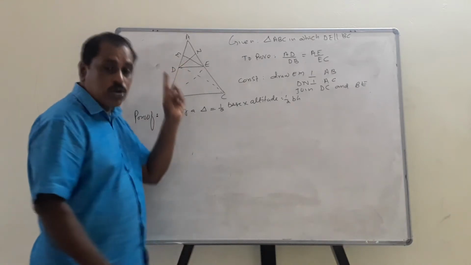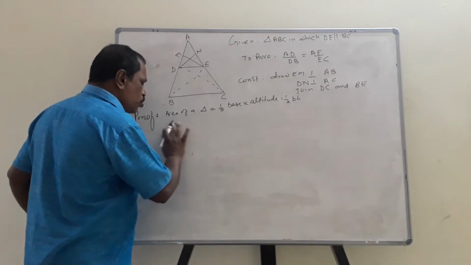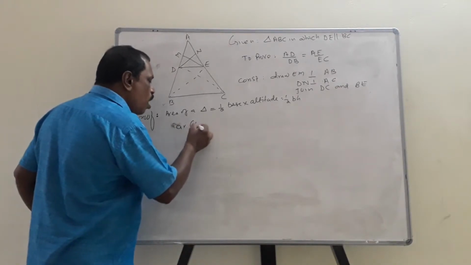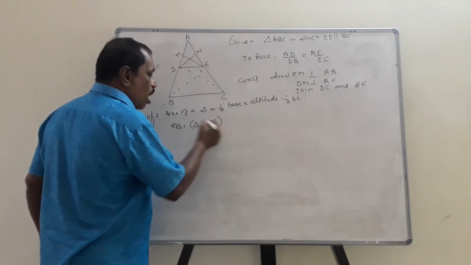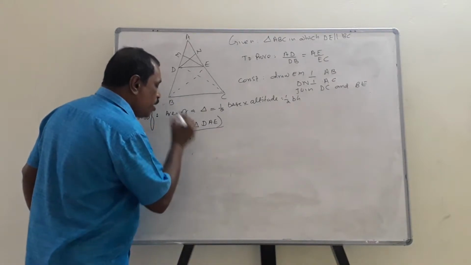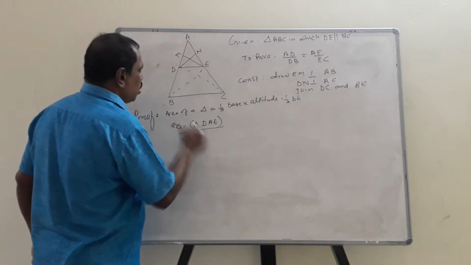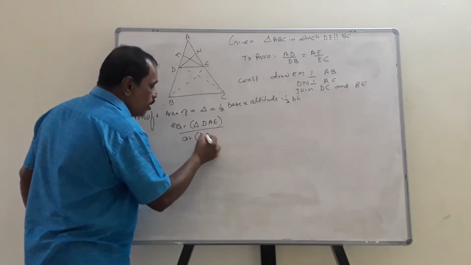EM, the altitude, is the same. So just take the ratio of the triangles. Area of triangle DAE, as I told you, very simple question, divided by area of triangle BDE. So we covered AB.